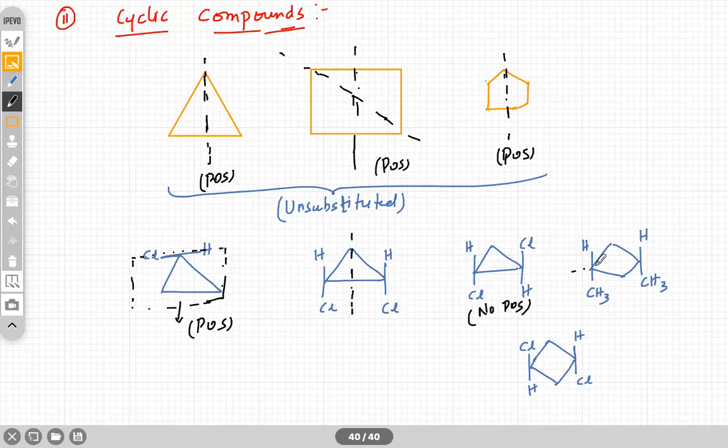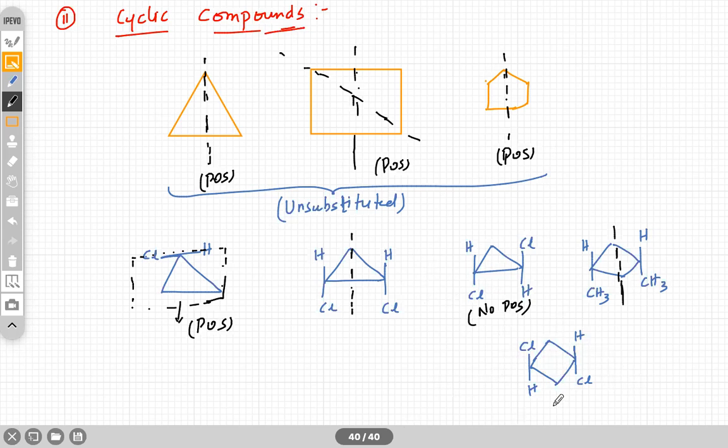In this one, we have a plane of symmetry along this line. Sorry, not like this. We'll have a vertical line, the plane of symmetry like this. Right, H, CH3, CH3, we have a plane of symmetry. This one does not look like it has a plane of symmetry, but when we have a plane which passes through the disubstituted atoms here, for example, if you think of this plane, it passes through like this if you cut.